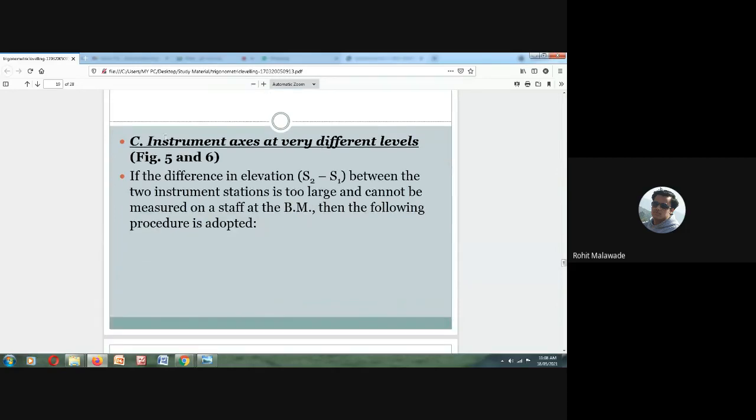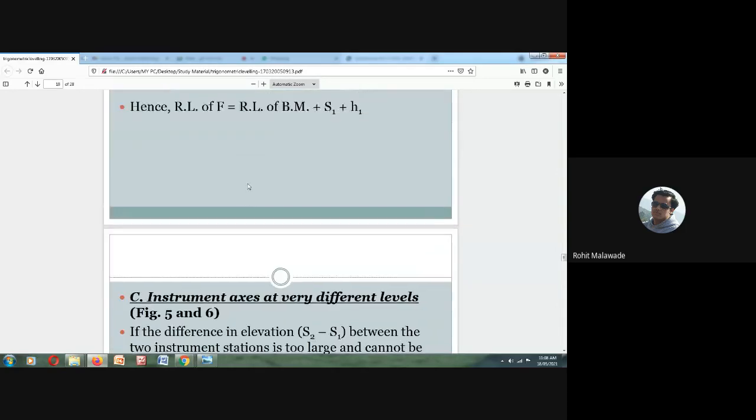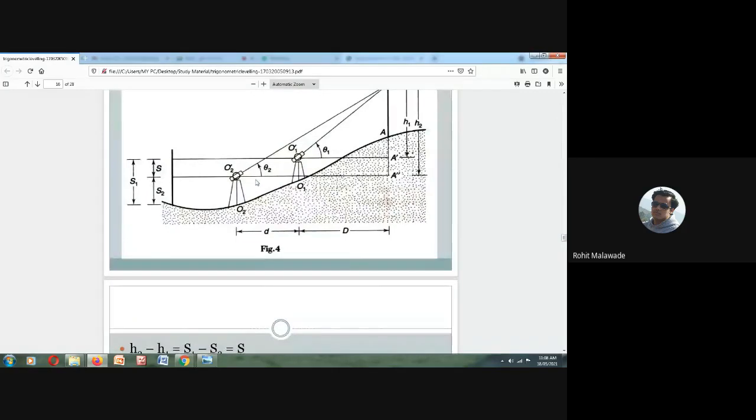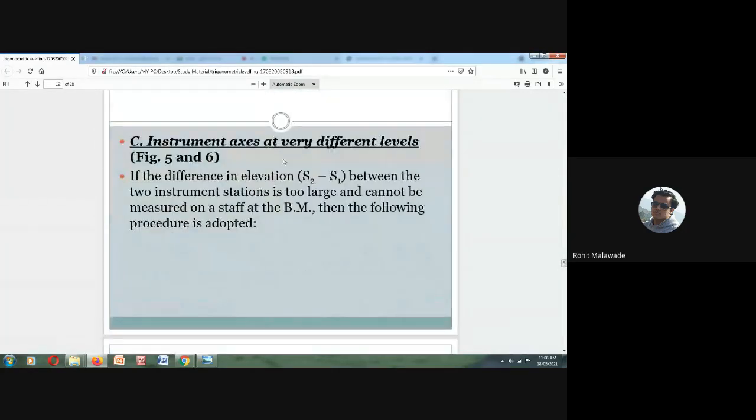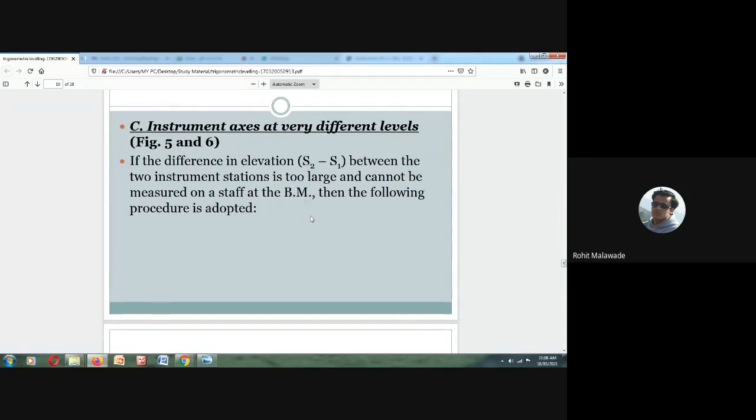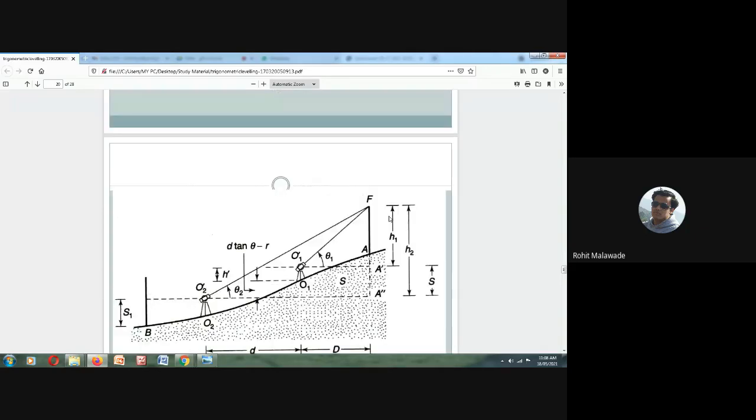Now, the next condition is, we have seen when the instrument is at a different level, right? Now, when the instrument axis varies at different levels, if the difference in the elevation S2 and S1 between the two instrument stations is too large and cannot be measured at one staff on a staff at the BM, then the following procedure is going to be adopted.